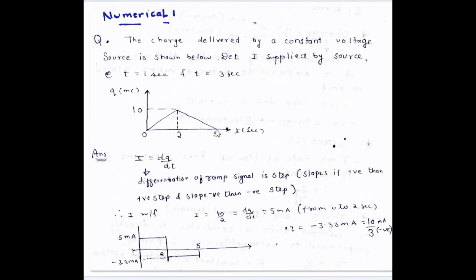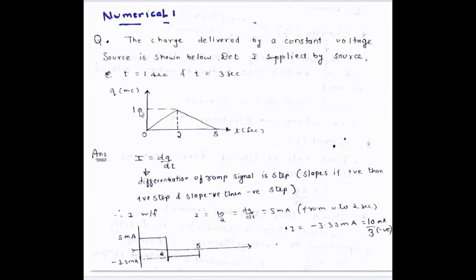The concept from signals and systems goes like this: if we differentiate a positive slope signal, which is a ramp, we'll get a step signal which has positive magnitude. And if we differentiate a ramp which has a negative slope, then we'll get a step signal which is negative in magnitude. So these things we have to take into the picture and solve the numerical.